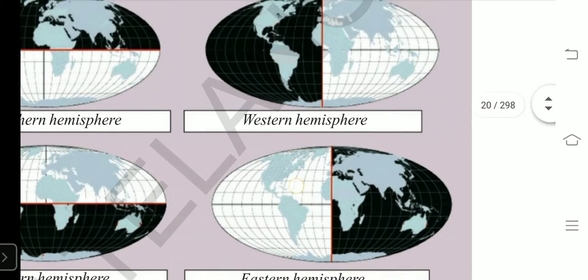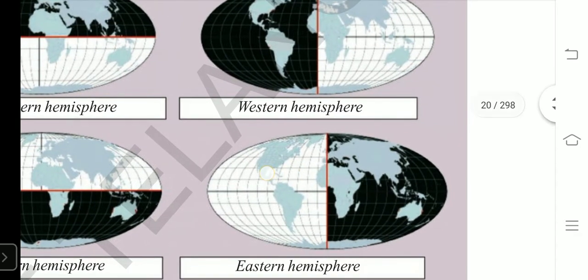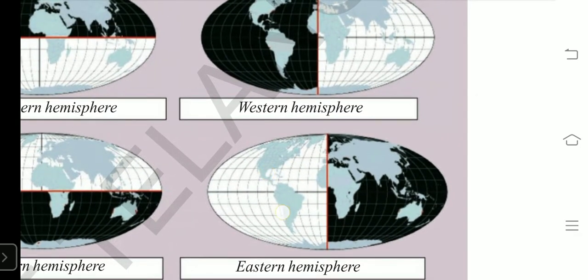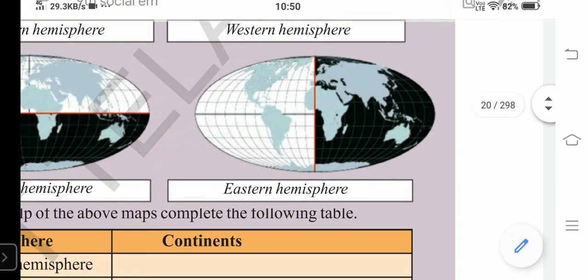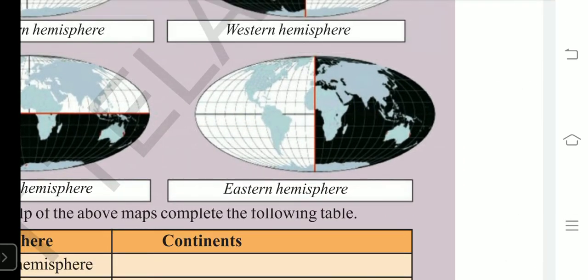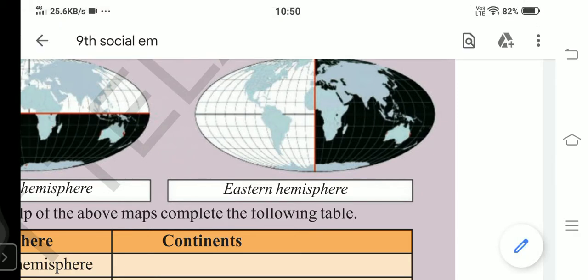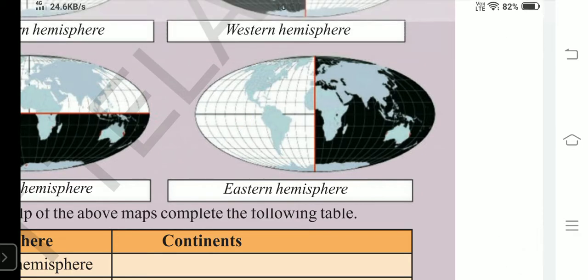In that way, we find longitudes in the Eastern Hemisphere. In the east side, we find 180 longitudes. Another 180 longitudes we find here in the west. But for your confirmation, keep in mind that 180 is common.